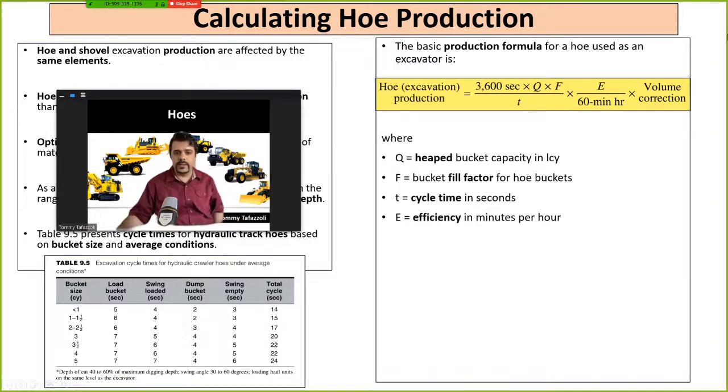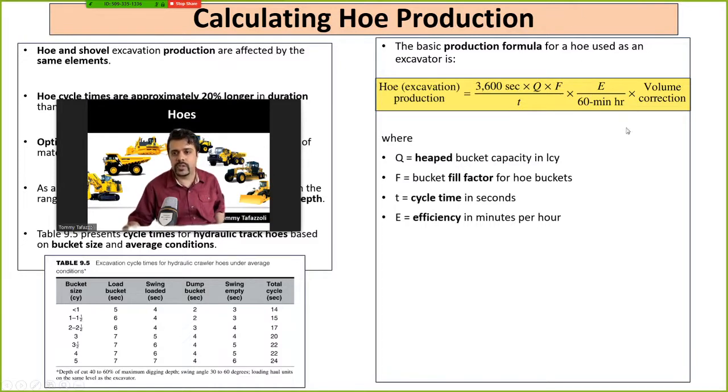And at the end, there is volume correction. So you should always look at the problem and see what kind of volume it is asking for. Is it asking for bank, loose? And accordingly, sometimes, not always, you have to adjust or convert your volume into what the problem is asking.